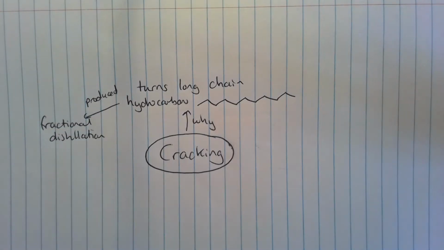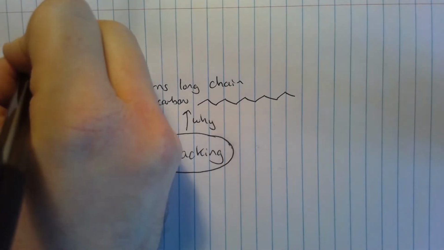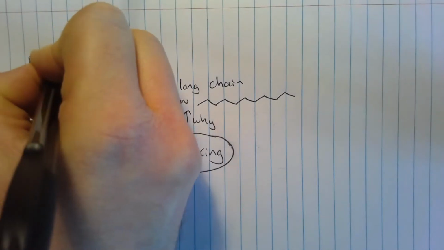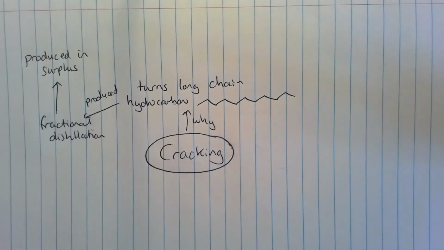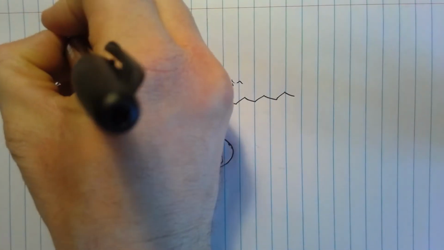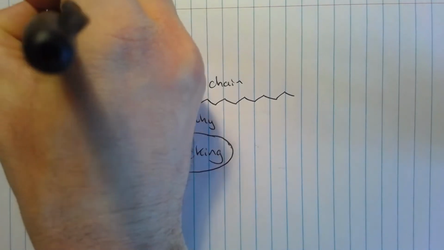Now we actually produce a lot more long chain hydrocarbons than we need. So we say that the long chain hydrocarbons are produced in surplus. Surplus means more than is required. So I'll just add that there. So that means more than needed.